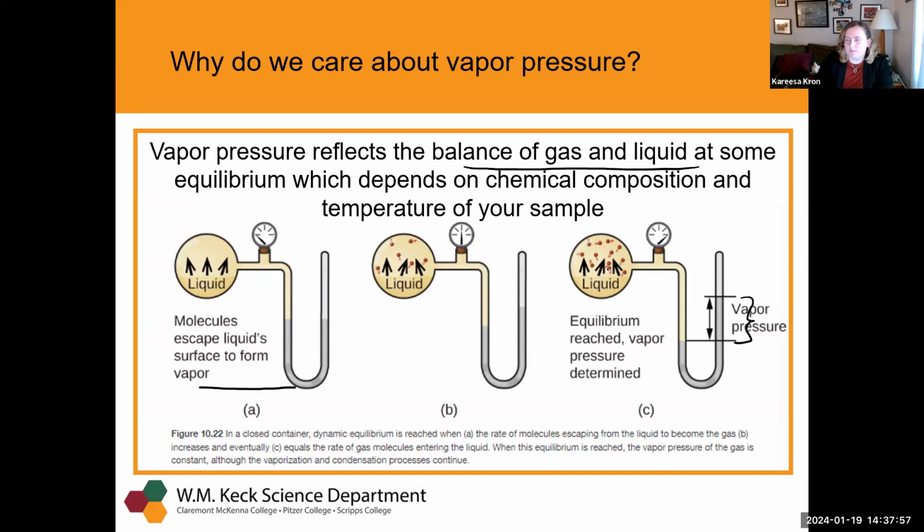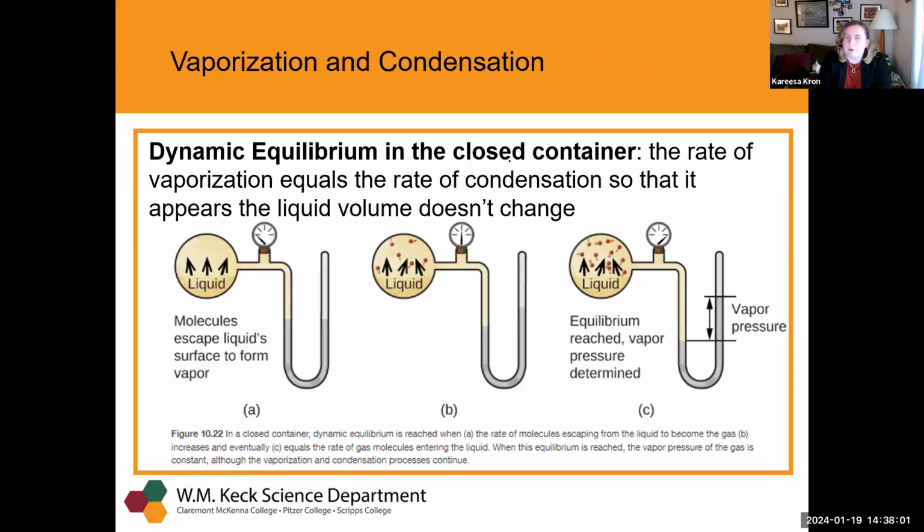I use the word equilibrium here, and what I'm specifically referring to is a dynamic equilibrium. What that means is that when we reach state C, it's not that no gas is leaving the liquid or that no gas is returning to the liquid.